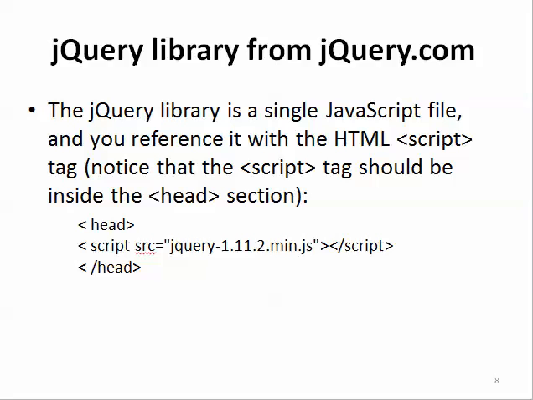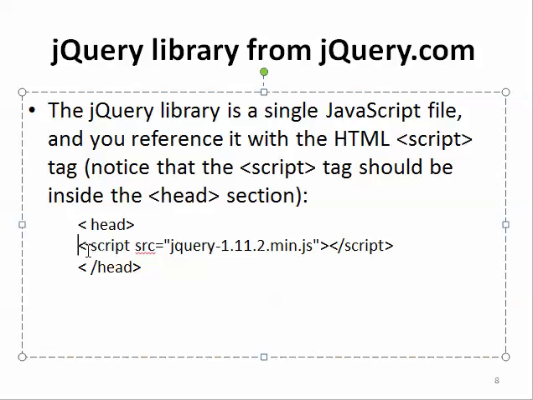Most people, I think, download the library and include it inside the HTML document with a statement that looks like this. This is script source, and it's making a reference to the file that we downloaded. In this case, that file should be placed in the same directory as the HTML document that contains this statement.